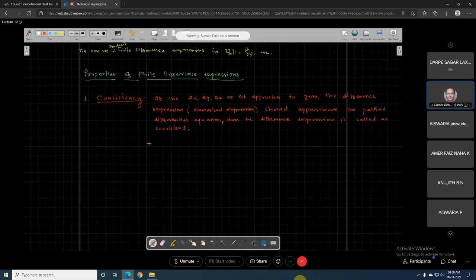Say for example, suppose this is a PDE: del U del T plus, excuse me, suppose this is a PDE. Now the finite difference expression for this will be del U by del T at i, or like that.